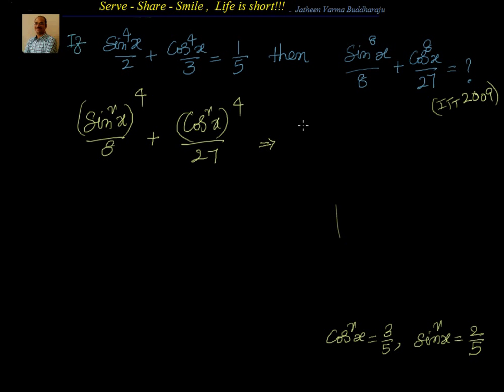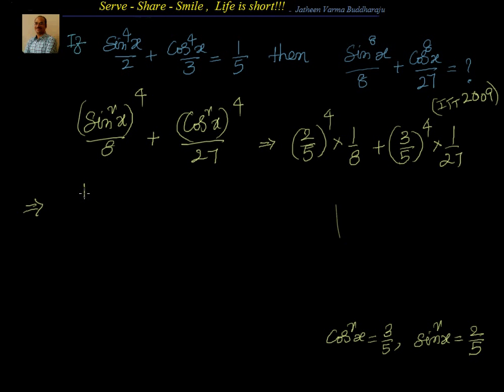Sin square x is 2 by 5, let me correct that. So I have 2 by 5 whole to the power of 4 into 1 by 8 plus cos square x whole to the power of 4, that is 3 by 5 whole to the power of 4 into 1 by 27. Let's try to simplify this.